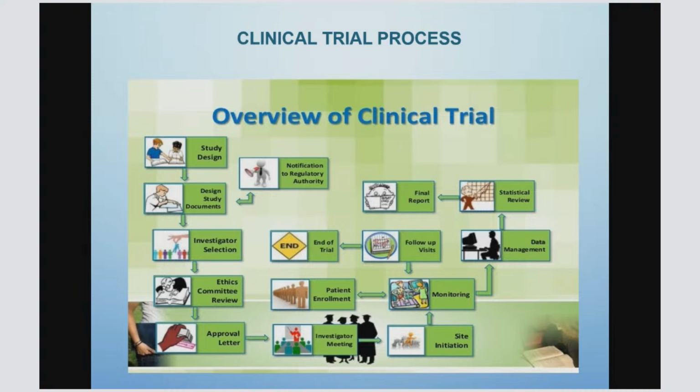Once data management is done, the statistics give you a report of what is the outcome, whether the clinical trial was successful, whether it is going to benefit the patients or not. The final report is released, which has to again be submitted to the health authority, after which, if everything is fine, only then the drug is approved for marketing. Okay. Next slide, please.